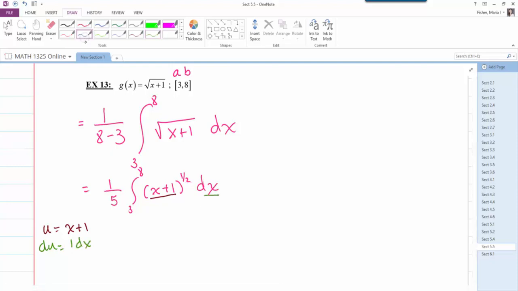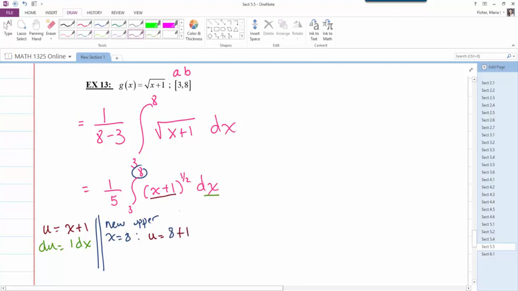I'm going to go ahead and change my limits of integration. So my new upper limit, well, currently it's x equal to 8, so it's going to be u equal to 8 plus 1, or 9. And my new lower limit, well, my current lower is x equal to 3.